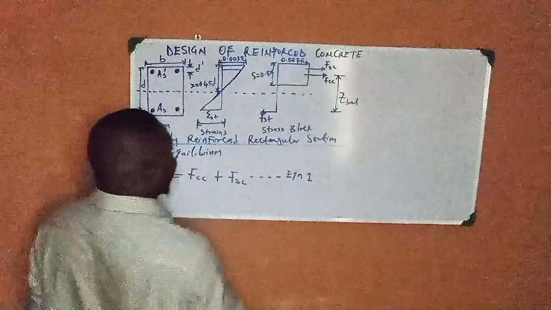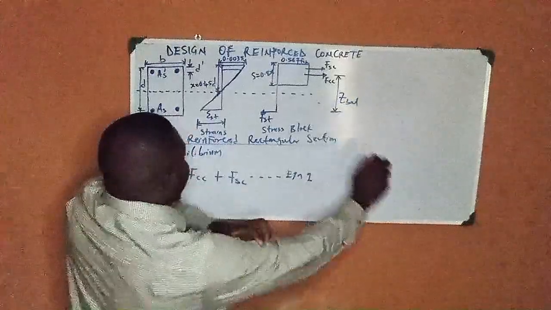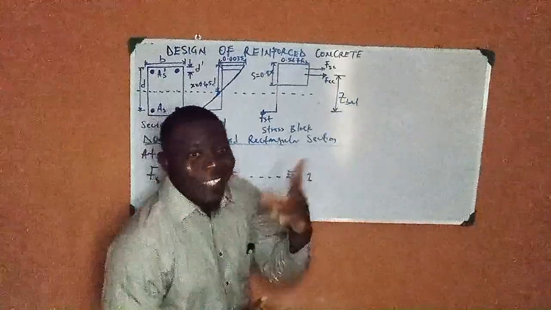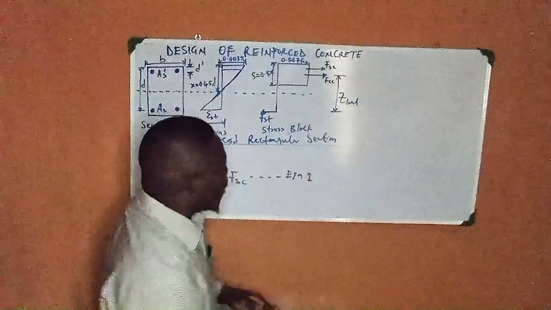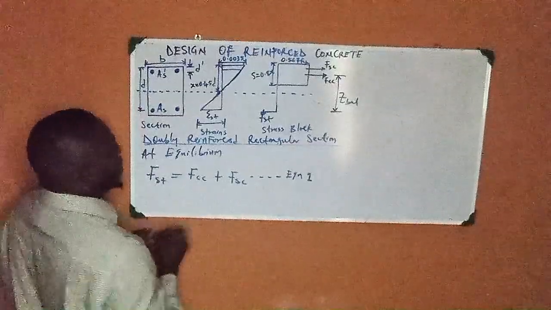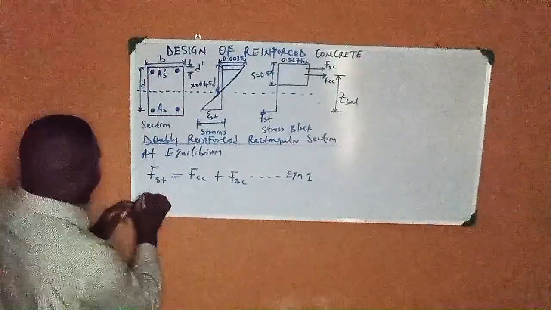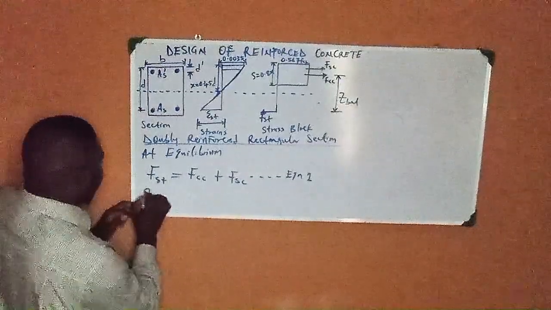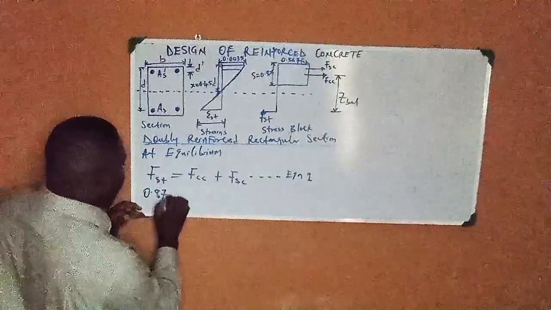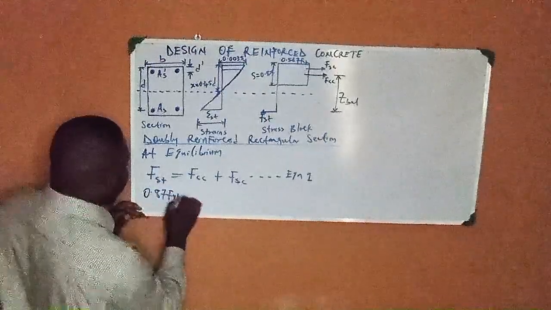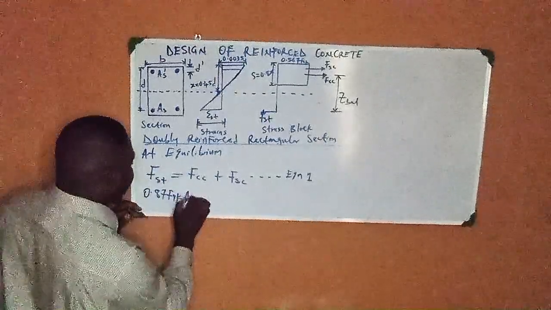Now look at the Fst here. Force is always stress times area. So the stress of the steel is 0.87 fyk multiplied by the area of steel As.